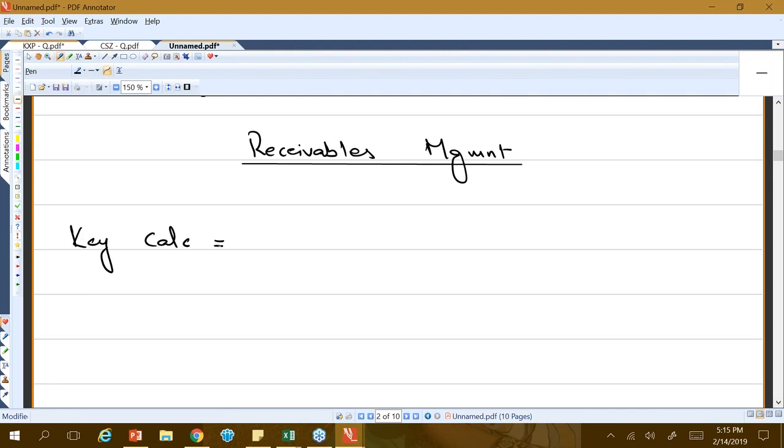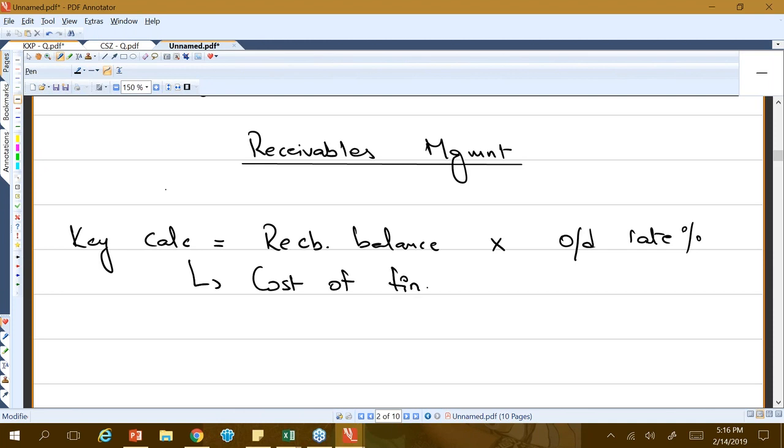That key calculation is that we need to take our receivables balance and multiply that with the overdraft rate as a percentage. So receivables balance into overdraft rate in a percentage. This calculation gives us the cost of financing receivables.